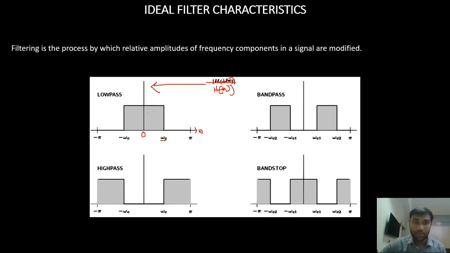These are the low frequencies, from 0 to omega c and from 0 to negative omega c. So these frequencies are passed through, and frequencies greater than omega c are rejected. It allows only the low frequencies to pass through, and it rejects the higher frequencies. That is the filter characteristic of a low pass filter, right?